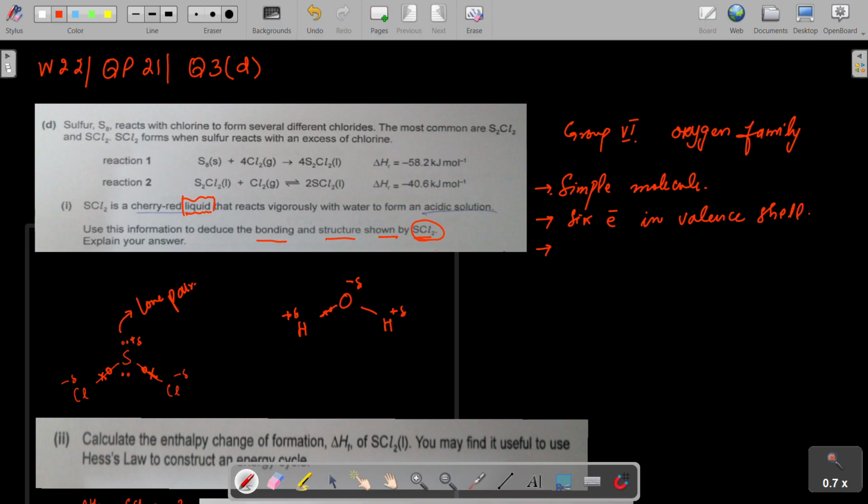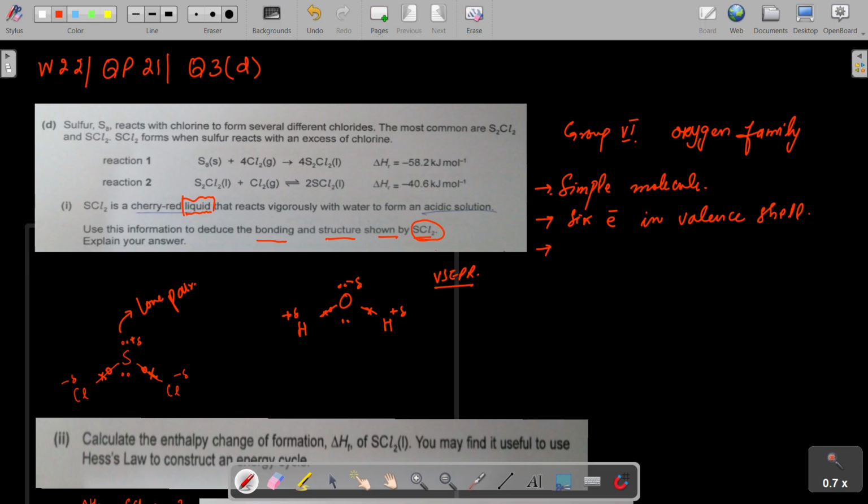But it has the same type of bonding and bent structure because of 2 lone pairs, as we have discussed in valence shell electron pair repulsion theory, that in determining the geometry, the lone pair repulsion is greater than the bond pair repulsion, due to which its structure is bent. So the same is the case here. Due to these lone pairs, there will be greater repulsion by the lone pairs, and we get the bent shape of this molecule.